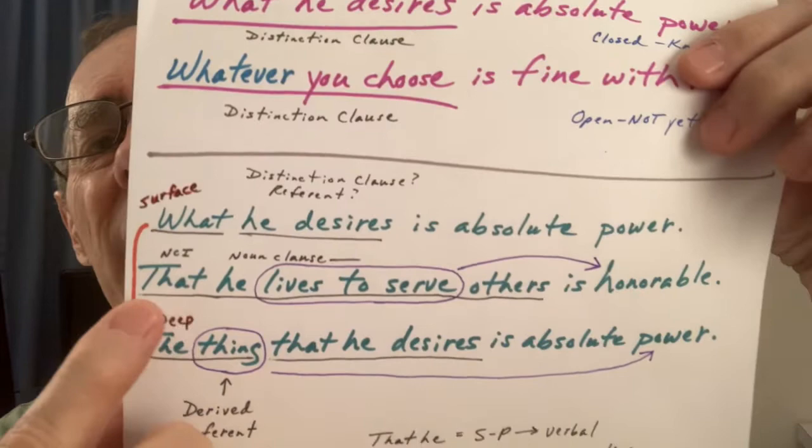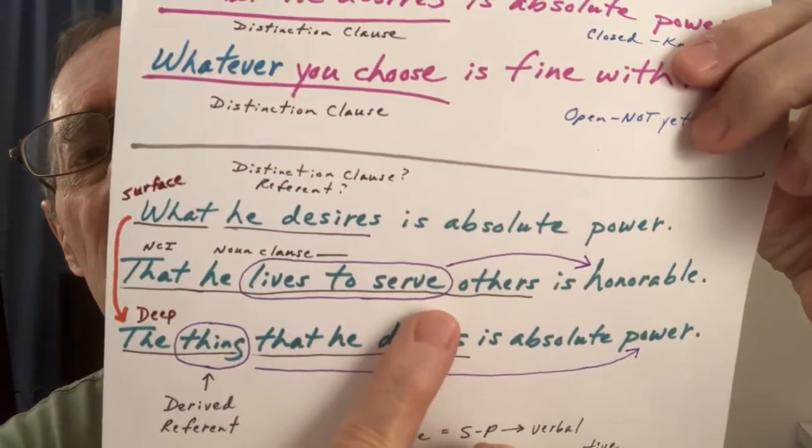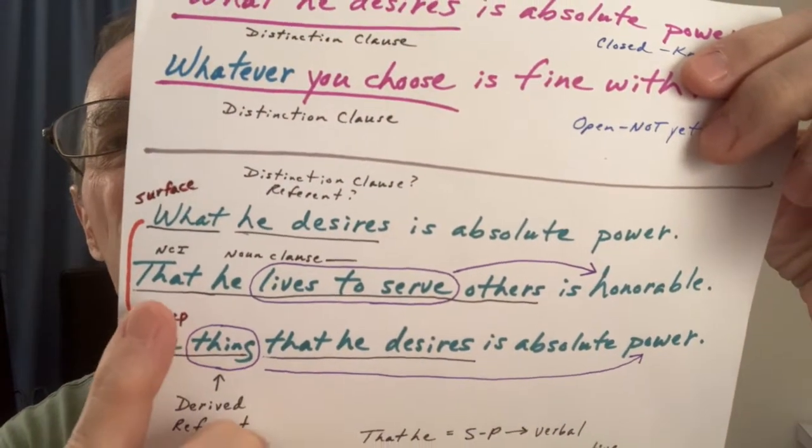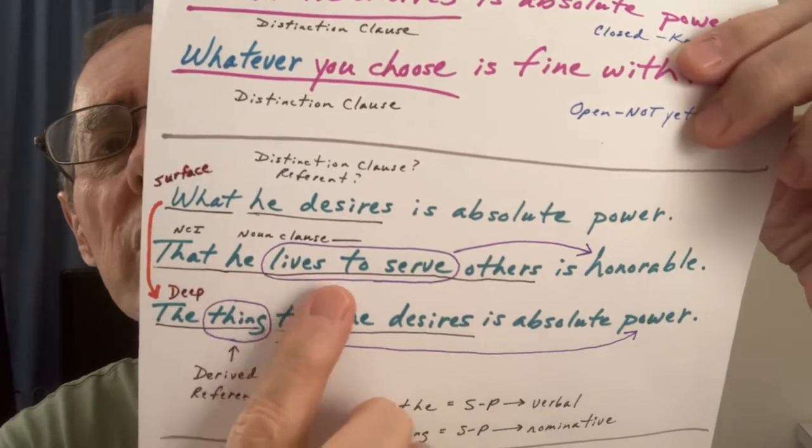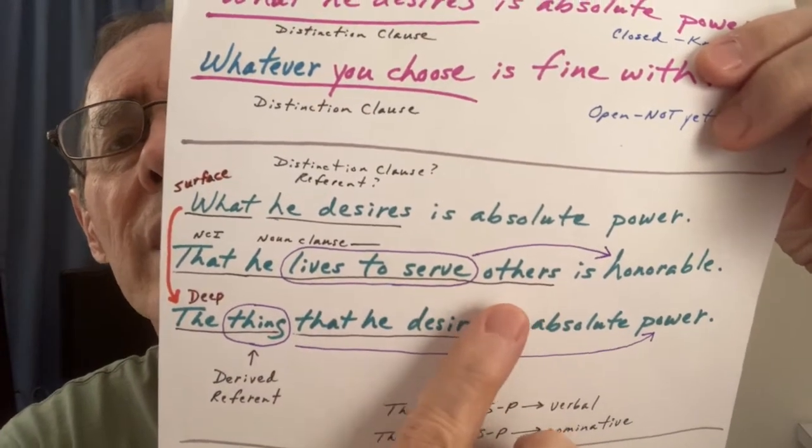The sentence is, that he lives to serve others is honorable. That he lives to serve others is a noun clause, which I already talked about in other videos. So you can see a difference.